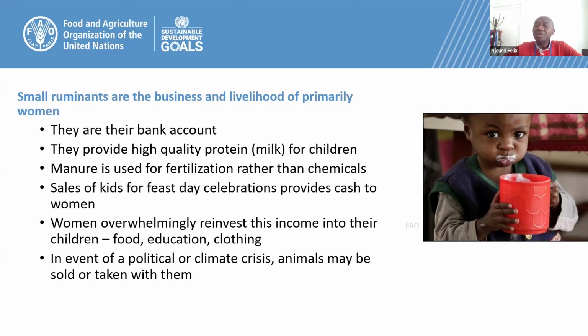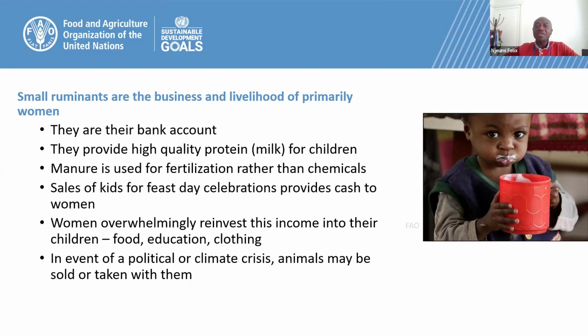It could also be used as manure for fertilization rather than chemical fertilizer. You see more or less how small ruminants are also used for fertilization. Sale of kids for feast day celebration provides cash for women. This is what I just mentioned.